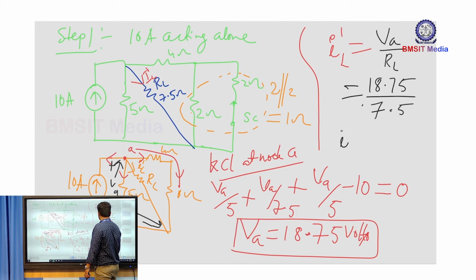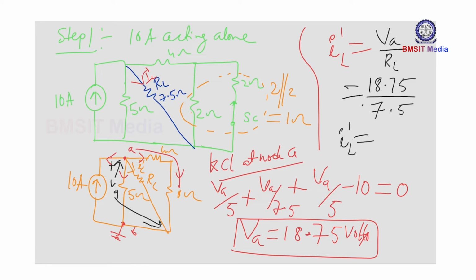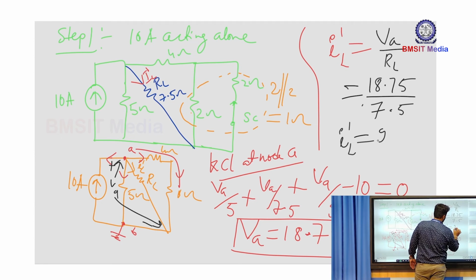So you get 2.5 ampere. The value of IL dash is 2.5 ampere.